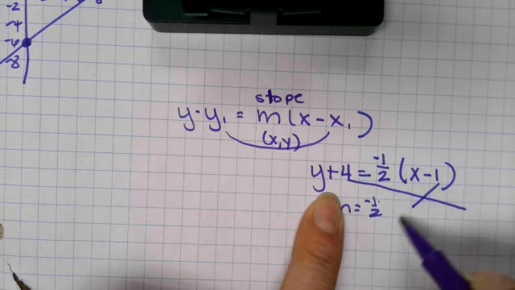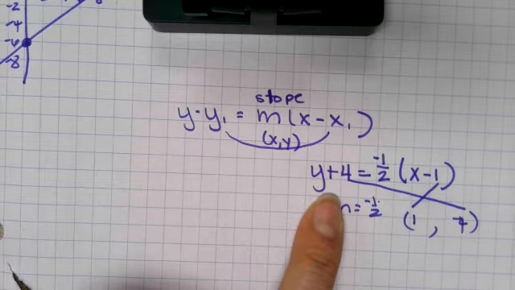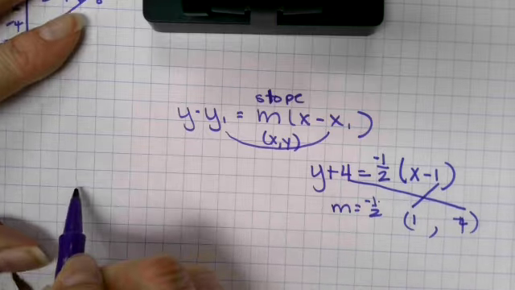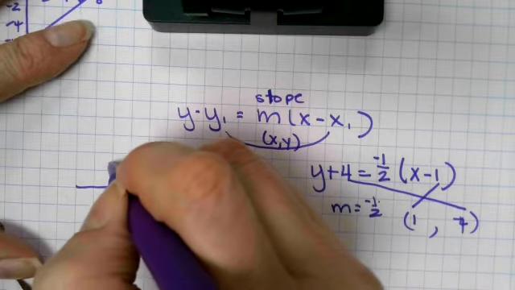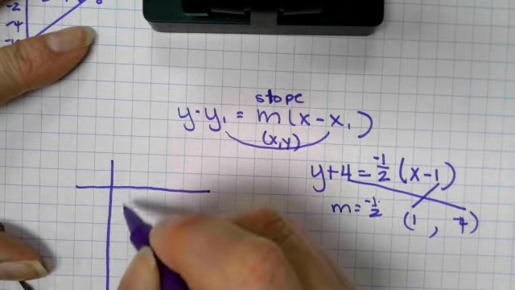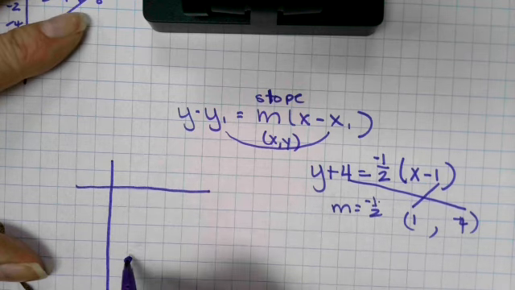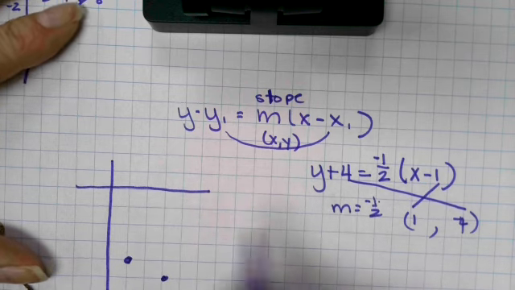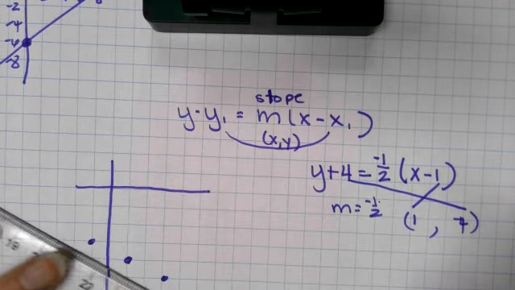And when you crisscross it, change the signs like that. So it's telling me to start my graph at 1, -4. And then go down 1 over 2. You can even reverse that. And then put your line in.